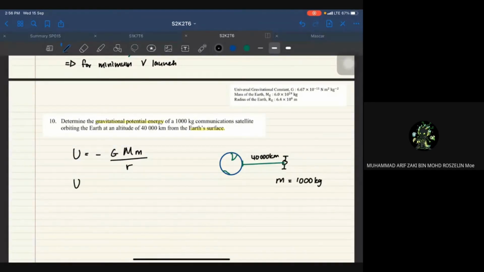Okay, so if I want to solve, then U become negative 6.67 times 10 negative 11. Mass besar tu biasa kita pakai mass Earth. Baca betul-betul kadang-kadang dia kata moon. So 6 times 10 to the power of 24. Mass of the satellite 1000.